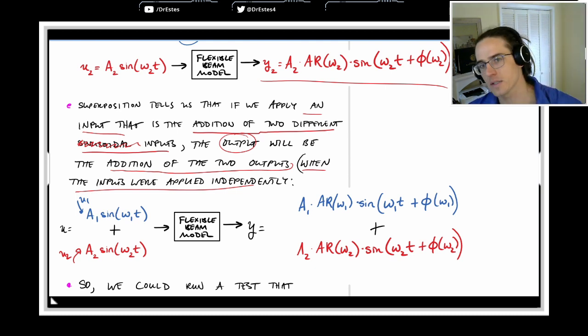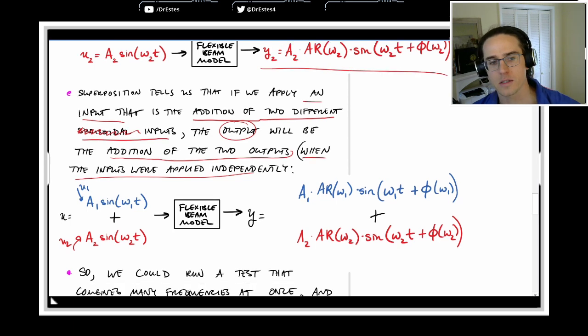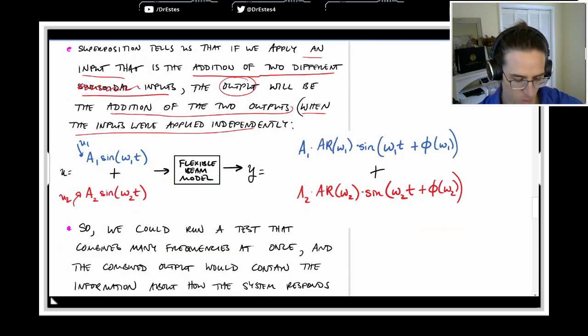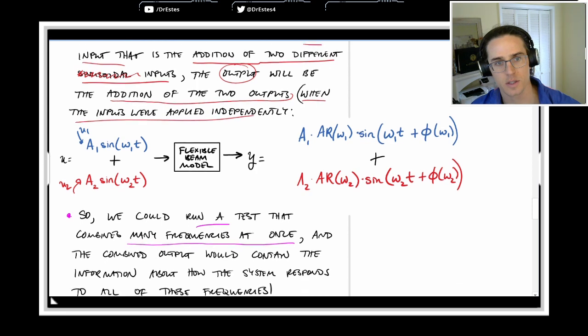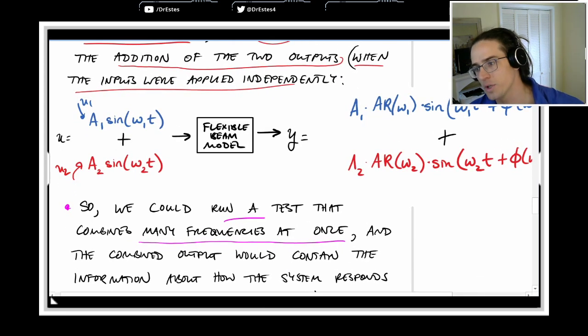So think about this, going back to the frequency response thing. We could run one test that combines many different frequencies at once. It could be U1, U2, U3, U4, it could be hundreds of frequencies. And I just combine all of those inputs into one combined super input.